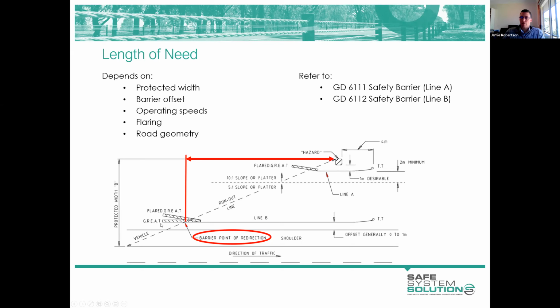Each system has a gating portion, a portion that's intended to not contain that vehicle, and a vehicle that impacts this part is likely to enter the roadside still. So it's important to think about the point of redirection, not the very start of the barrier. In Victoria, you can refer to these guideline drawings for some guidance on how long your barrier needs to be.